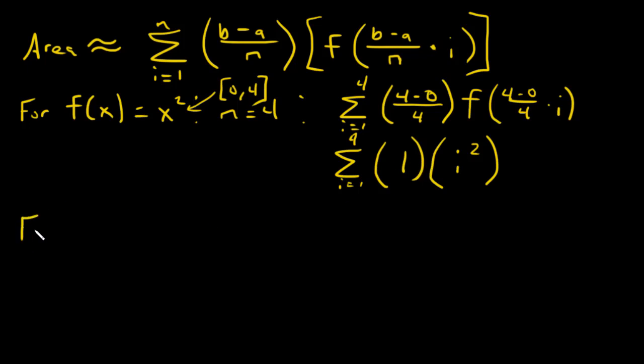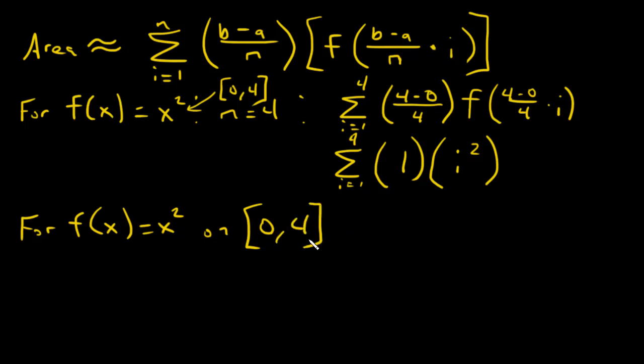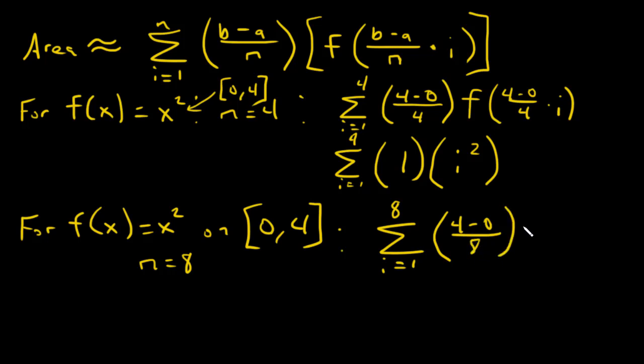And then for f of x equals x squared on 0 to 4 with n equal 8, we get summation i from 1 to 8 of, well now it's (4 minus 0) over 8 times f of (4 minus 0) over 8 i.